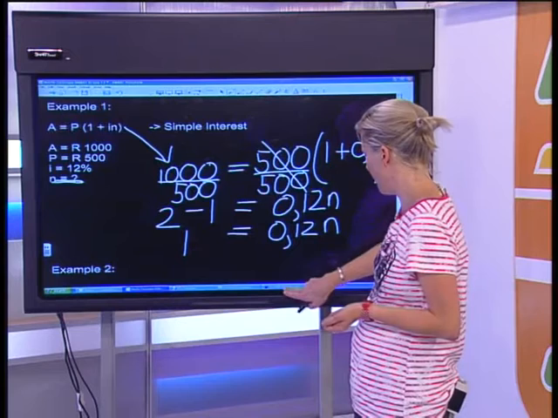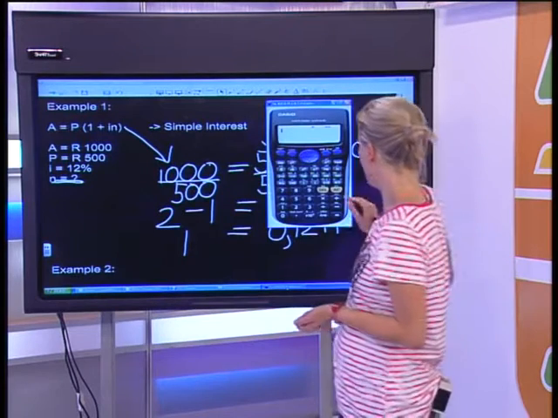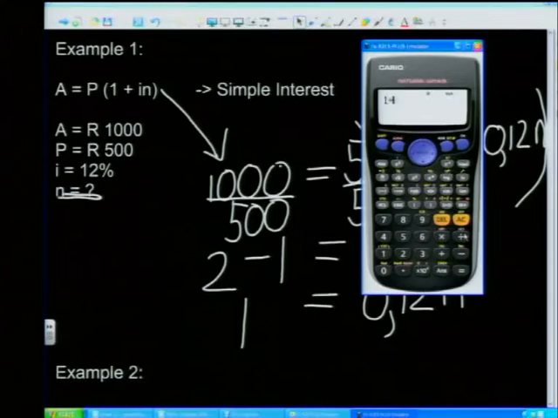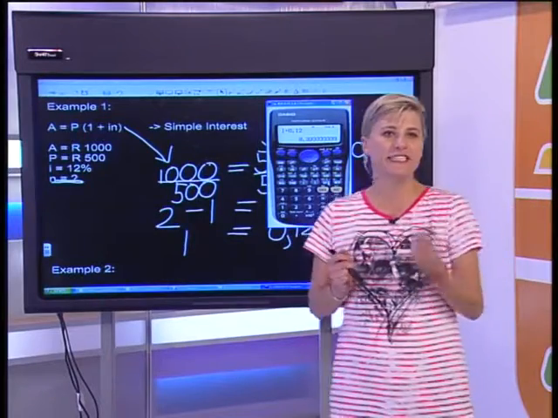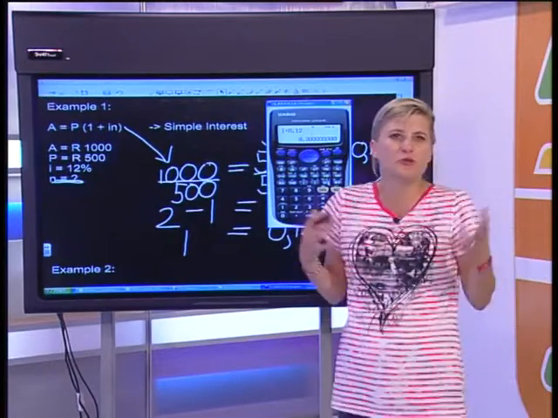So let's bring up our calculator. And I'm going to say 1 divided by 0.12 equals, and my answer is 8,3. Now remember, when we're dealing with simple interest, we're always working in years.